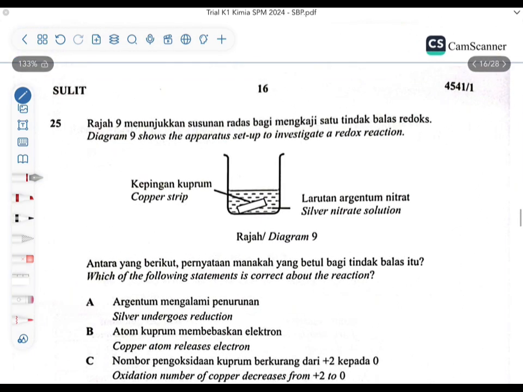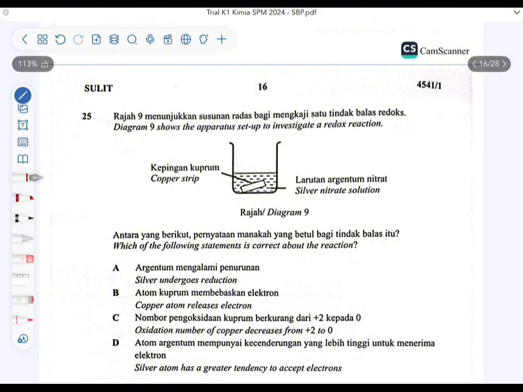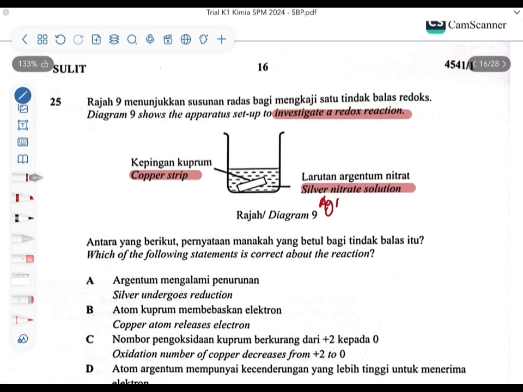So for the next question, diagram 9 shows the apparatus set up to investigate a redox reaction. We have the copper strip, and then we have the silver nitrate solution, which is AgNO3. This is basically related to the displacement reaction.